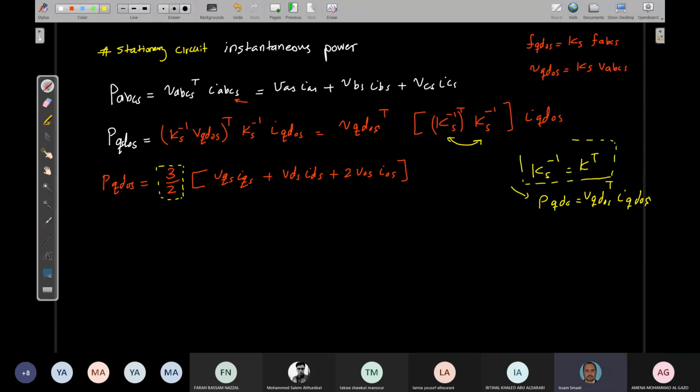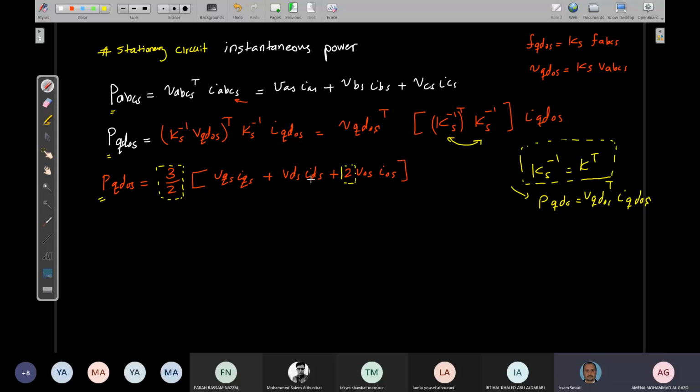But our transformation is not this one. So that's why I'm getting here 3/2, and here I'm getting the 2. But whatever I change the transformation, the scaling, if I change, the value of the power will change. Why?